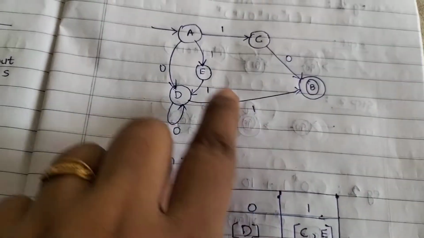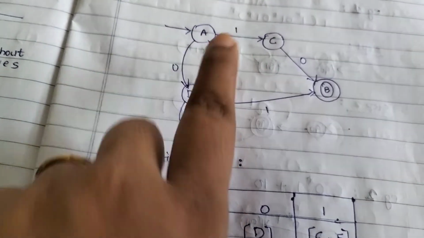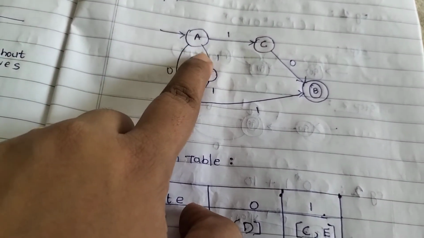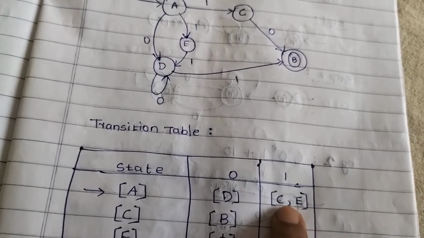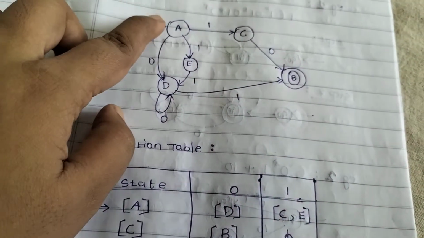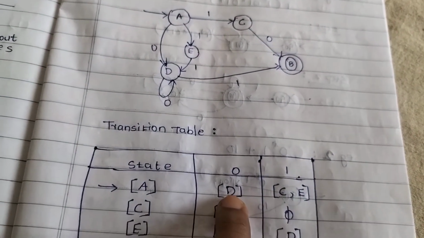From A on 1 it is moving to C, and on 1 it is moving to E also. So we are making a new combined state CE, and on input 0 it is moving to D. So we have mentioned that here.